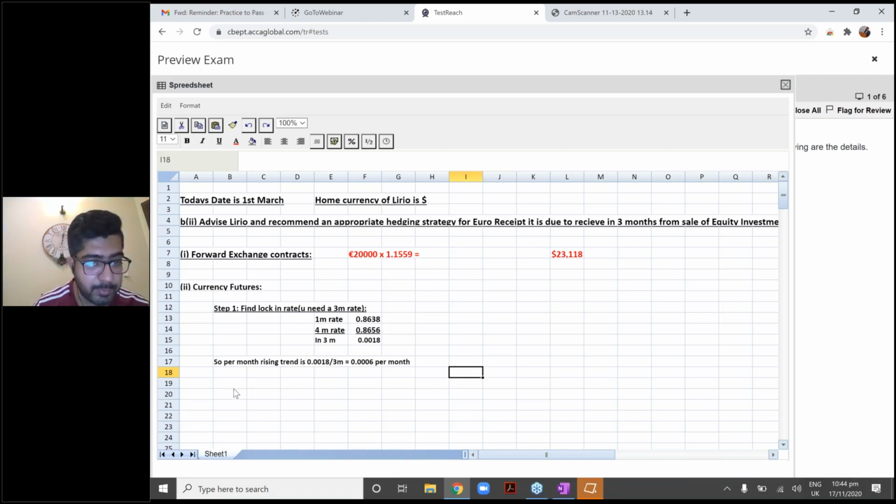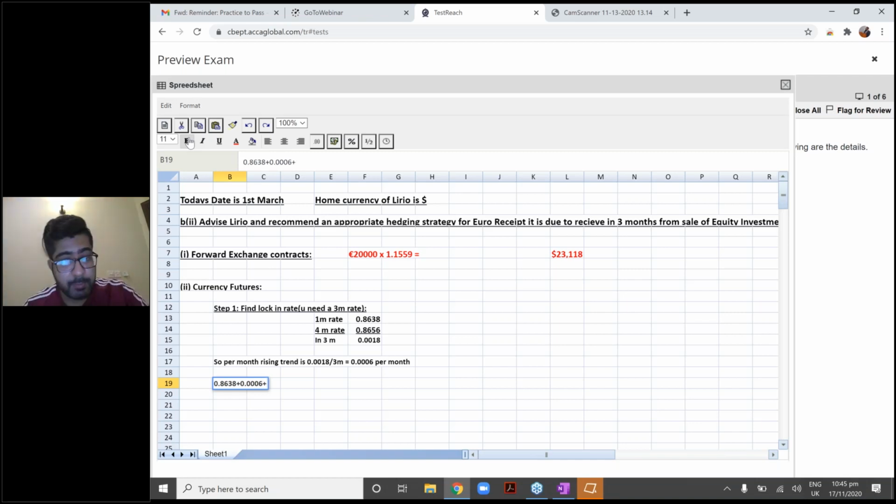So how will you find the 3-month lock-in rate? See, the 1-month rate is 0.8638. Okay, it's rising by 0.0006 per month. So if you add 0.0006 one time, from 1 month it will move to 2 months.